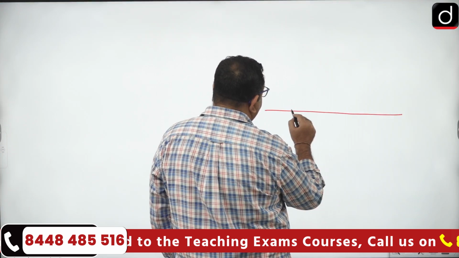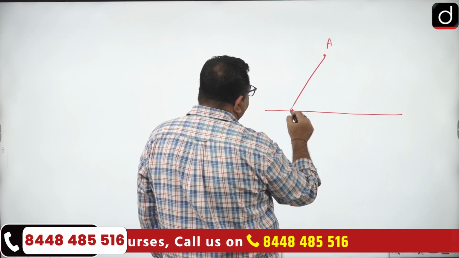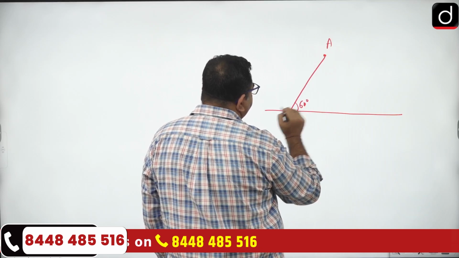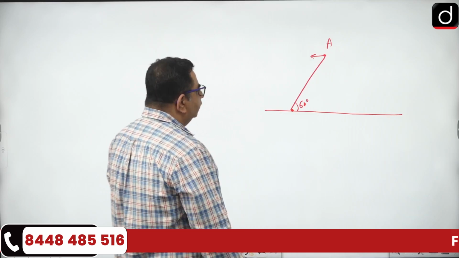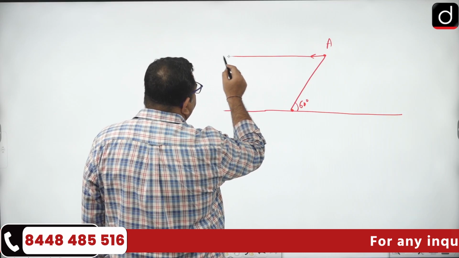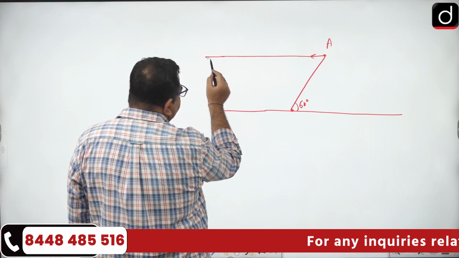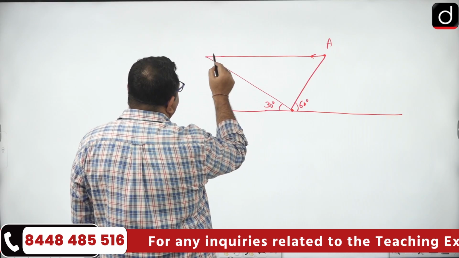So it is also quite possible that this is the ground, this is aeroplane A, angle of elevation is 60 degree at some moment. What if the aeroplane is flying in this direction, right? Then can I say after a flight of 15 seconds, the angle of elevation becomes 30 degree, right?